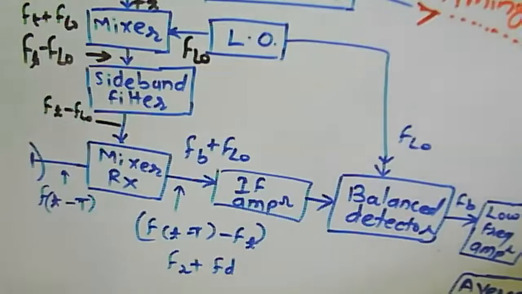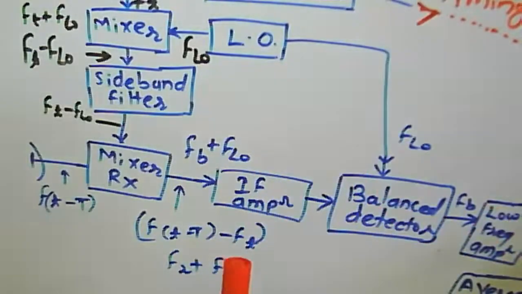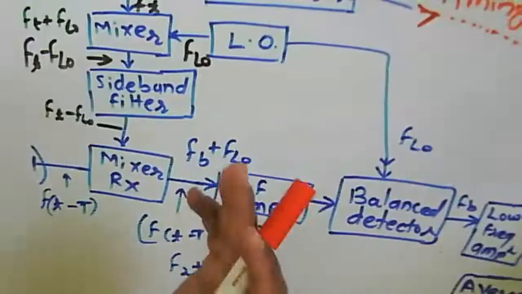If the range is large, we are getting a low level signal, and then it is difficult to identify the signal as well as the noise. So we consider a filter, a lower side band and upper side band, so that we can easily differentiate the noise.